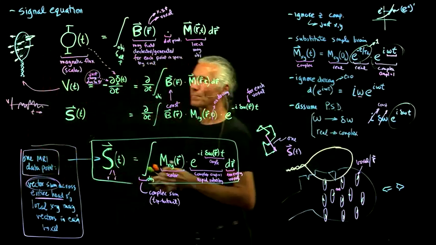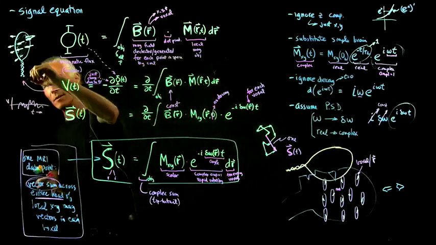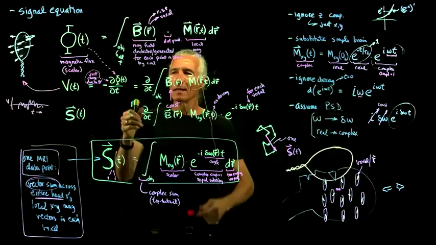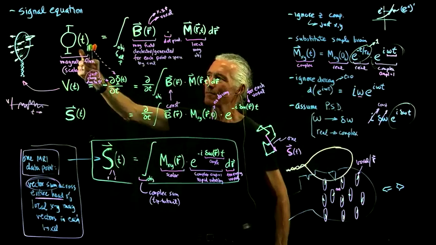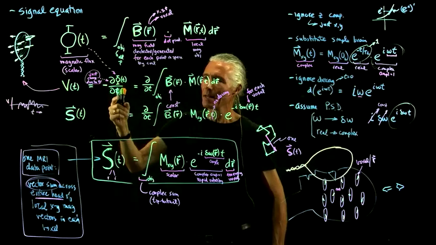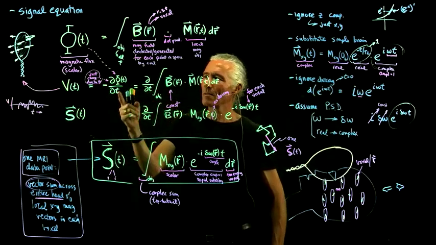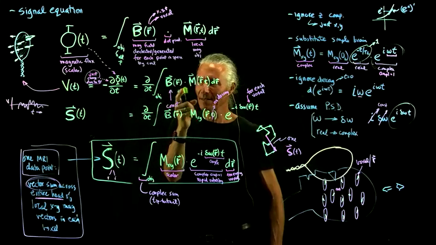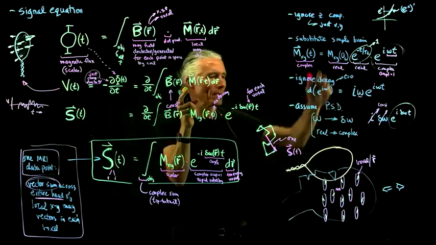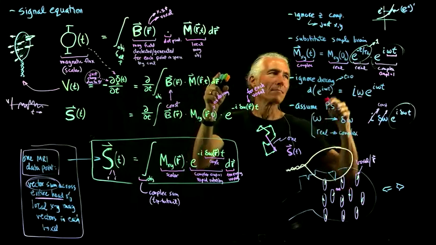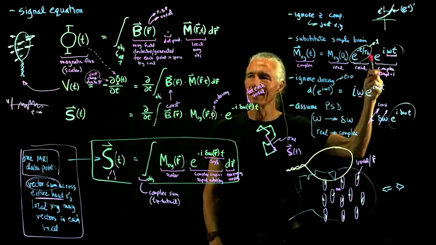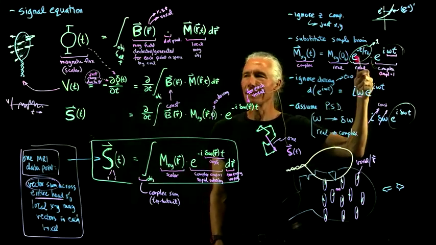What is the signal that comes out of the coil? Well, it's just the partial derivative: how does the flux change across time? And then we just have to take the derivative of this thing. How do we do that? Well, we made a whole bunch of assumptions to simplify it. We assumed we had some kind of oscillating signal, and then we threw away the decay.